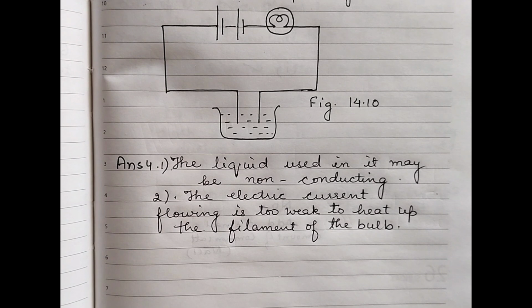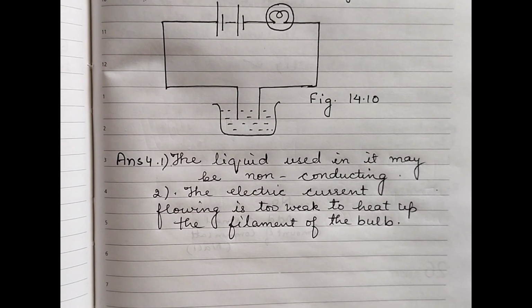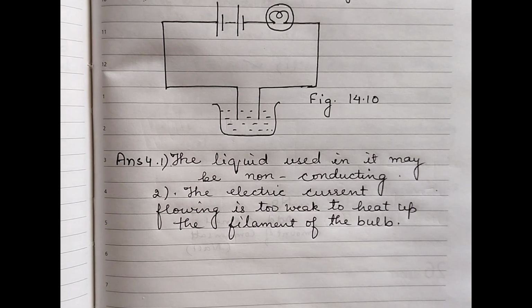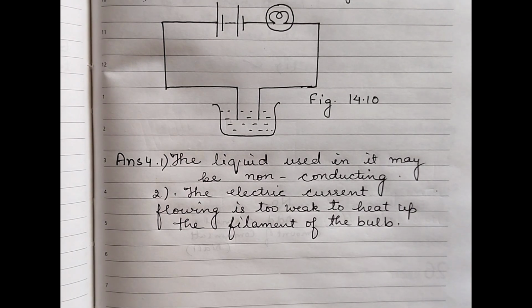In case the current is very weak, it is not able to heat up the filament of the bulb, so the bulb does not glow in this condition.